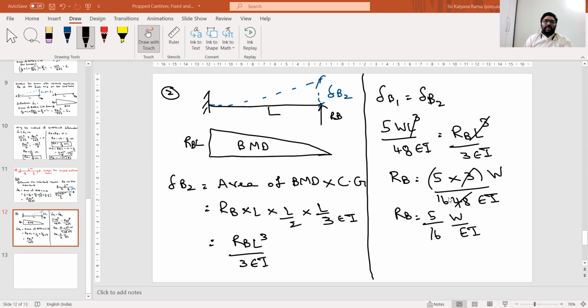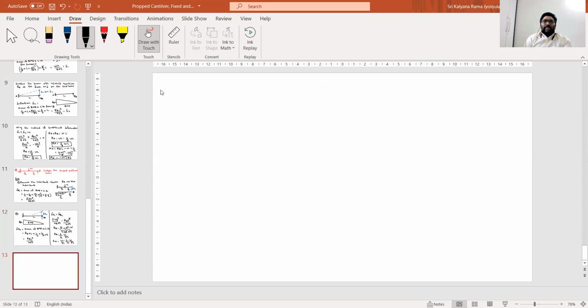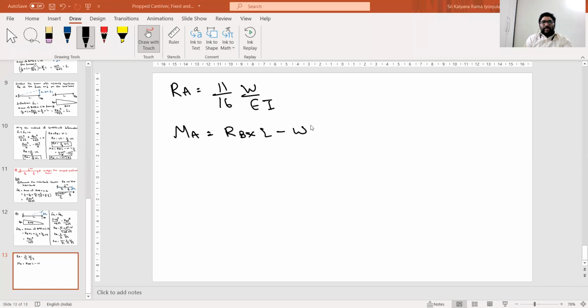And you can get RA also similarly. RA is equal to, what is the load given? W. W minus 5 by 16 W, that is equal to 11 by 16 W. RA is equal to 11 by 16 W. And MA is equal to RB into L minus W into L by 2.